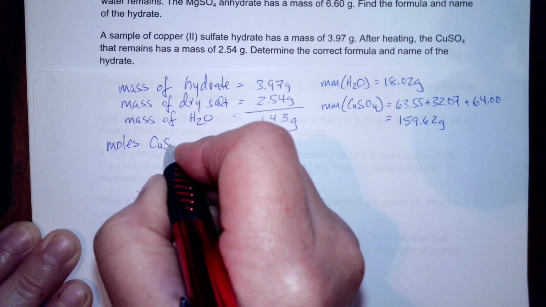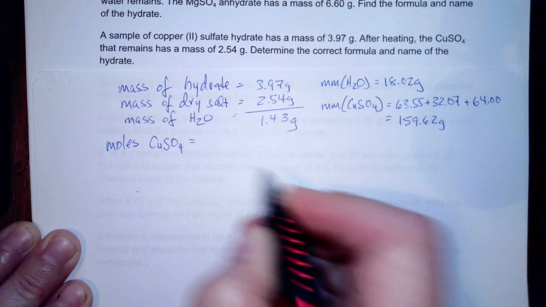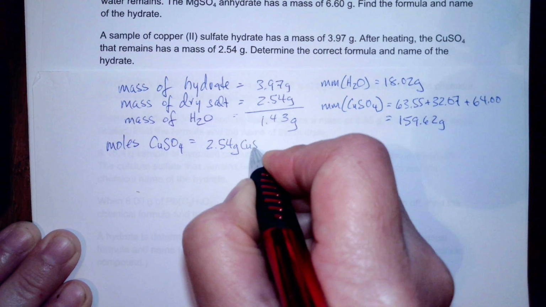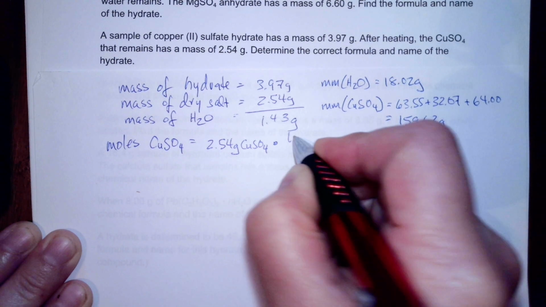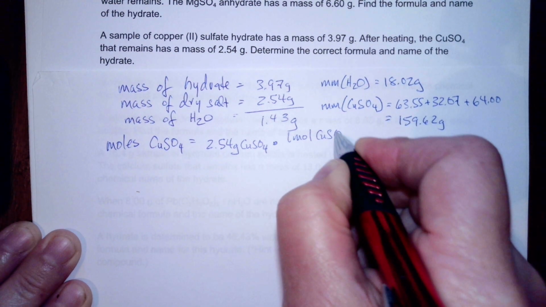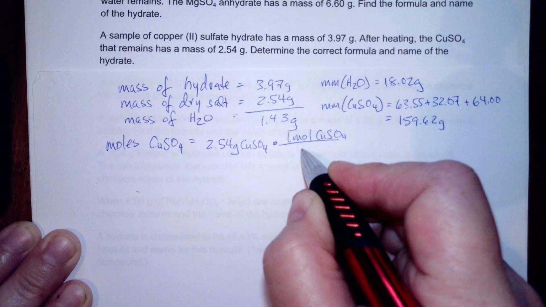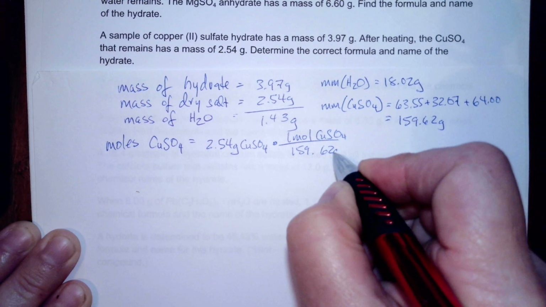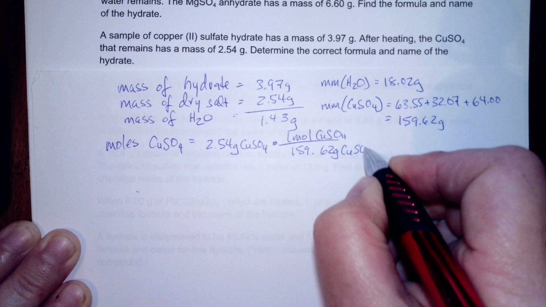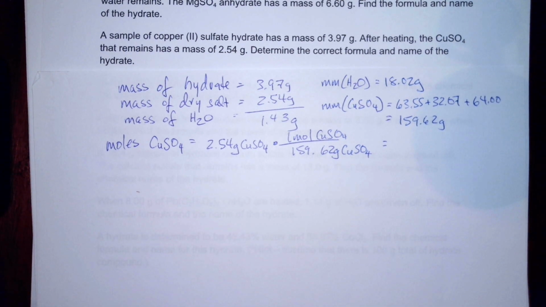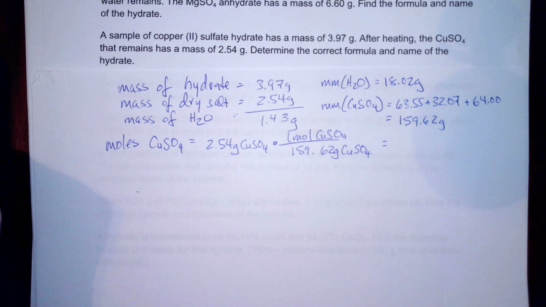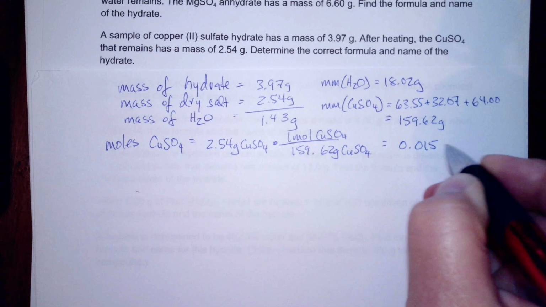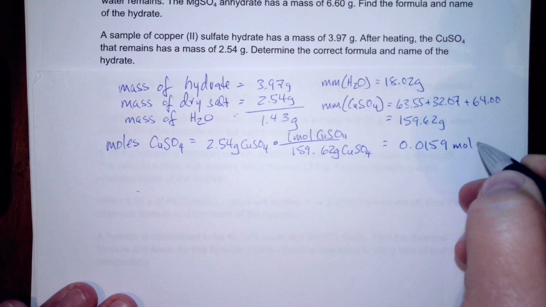Moles of copper(II) sulfate equals the mass of copper(II) sulfate times 1 mole of copper(II) sulfate over 159.62 grams copper(II) sulfate. And that's going to give us 0.0159 moles copper(II) sulfate.